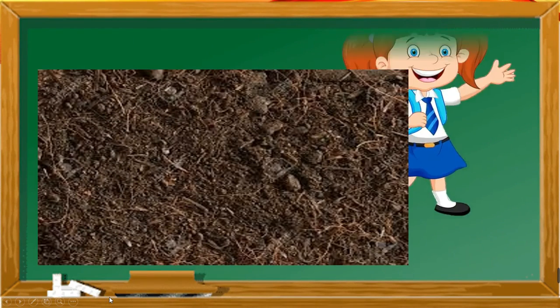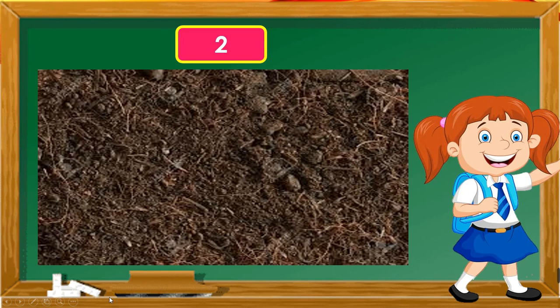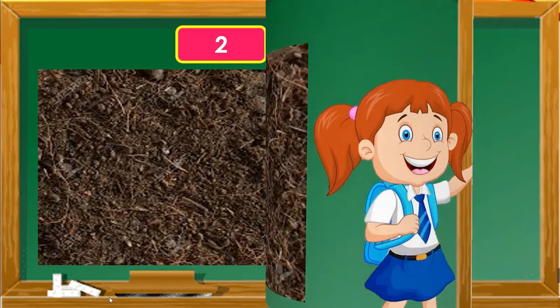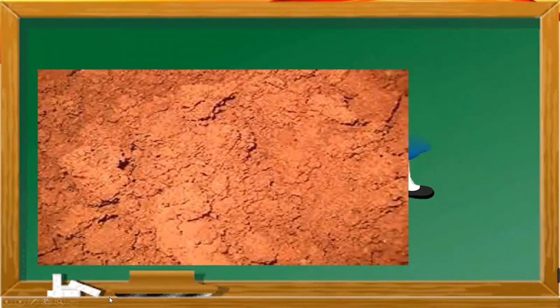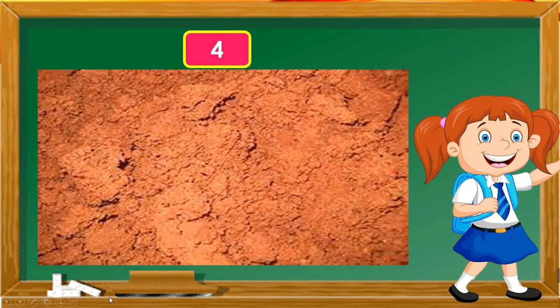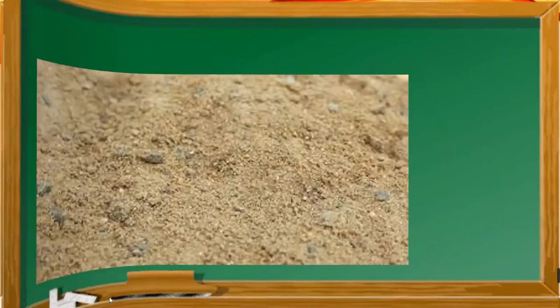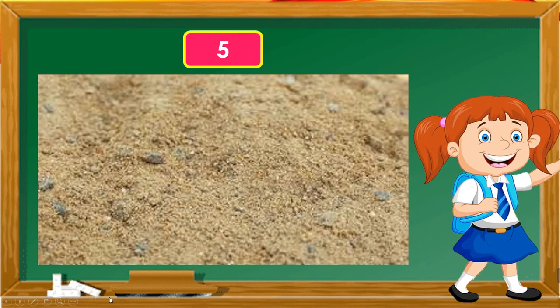Number 2, picture number 2. Number 3, picture number 3. Number 4, picture number 4. Number 5, picture number 5. I will give you enough time to answer this activity. And your time starts now.